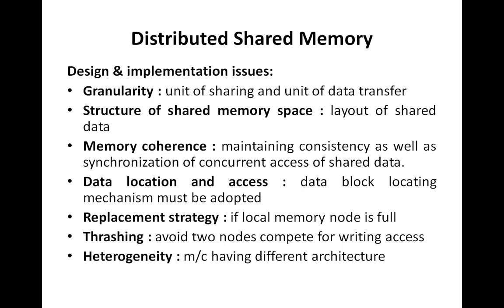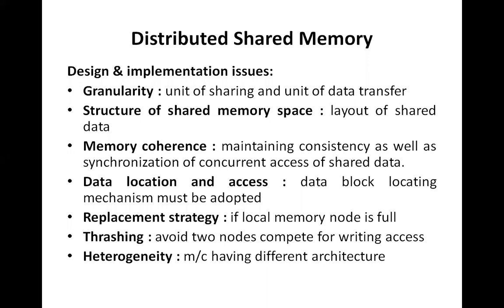So what is the meaning of coherence? Memory coherence means that if many users want to fetch or access any kind of information, the memory is said to be in coherent mode if whatever is being accessed by the client from the memory, in the form of a data block, reflects the last write operation.